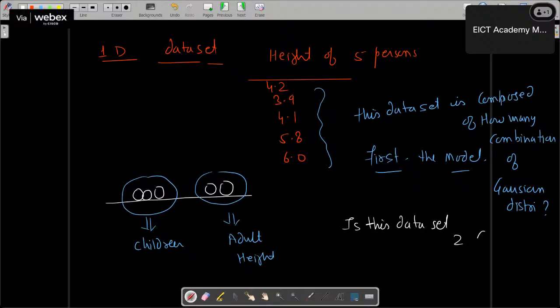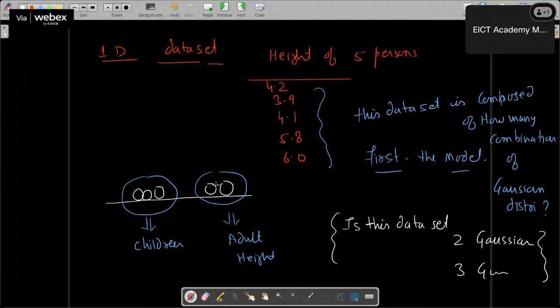Is this data made up of a mixture of 5 Gaussian distributions? Is it a combination of 2 Gaussian distributions? Is it a combination of 3? So first the model will check the answer to this question: how many Gaussian distributions is this data made up of?